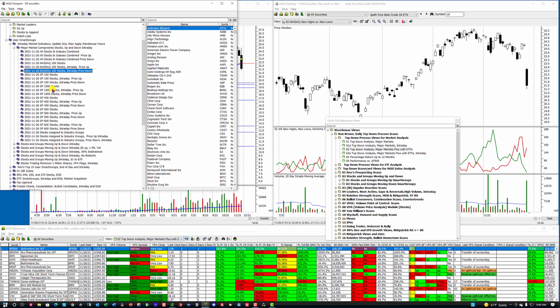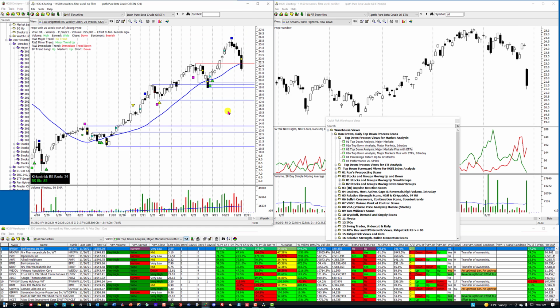And let's go to the 1500. 65 securities were up and 1,295 were down. There must have been several unchanged. I don't keep track of the unchanged in here, but you can see it was an overwhelmingly negative day. That's all I'm going to say about the market. Here, by the way, here's a weekly chart. Well, this is oil right here.